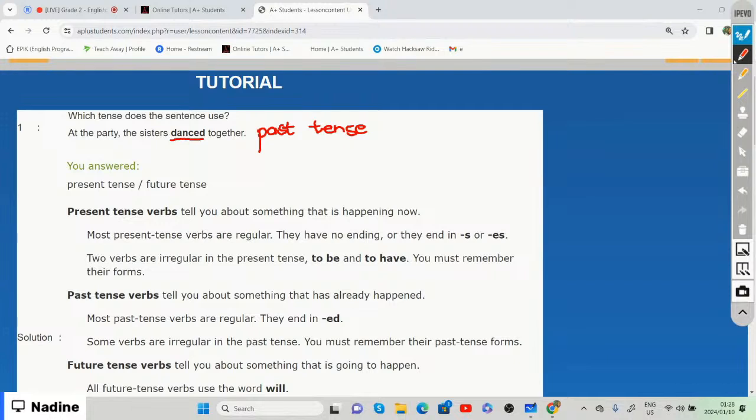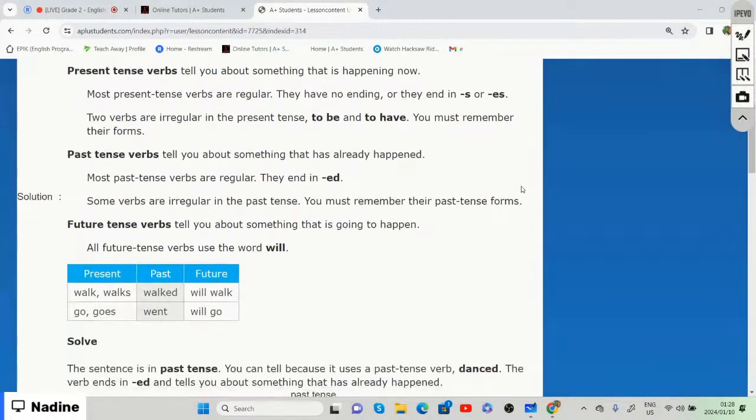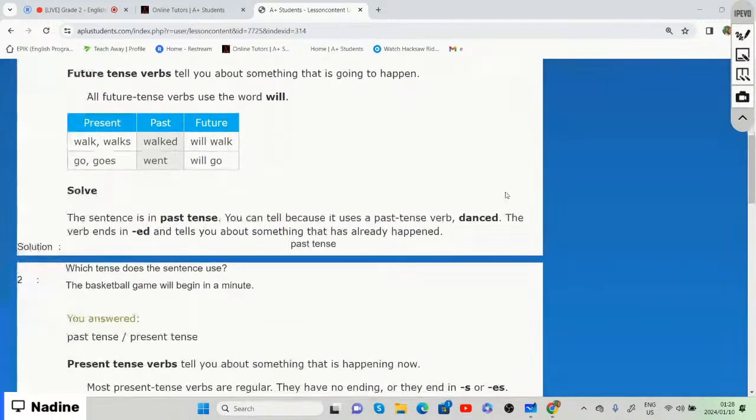It basically shows that something has already happened. So it happened that the sisters danced together. So in the past tense, they danced together.